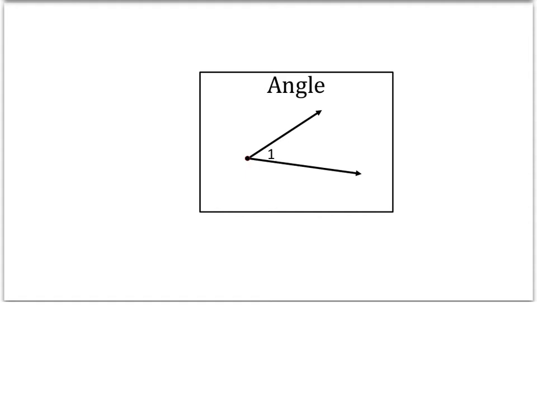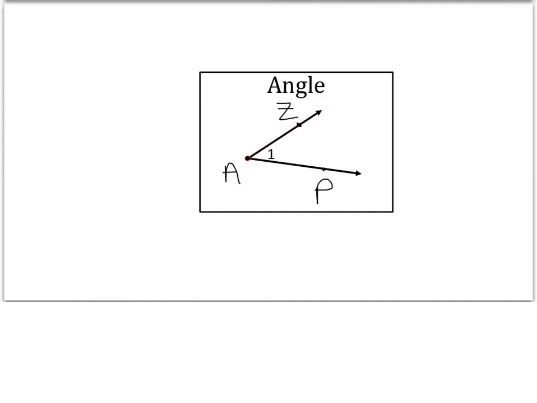An angle. So let's say this is A, Z, and let's say this is P. Before we name the angle, let me just point out that an angle is formed by two rays.